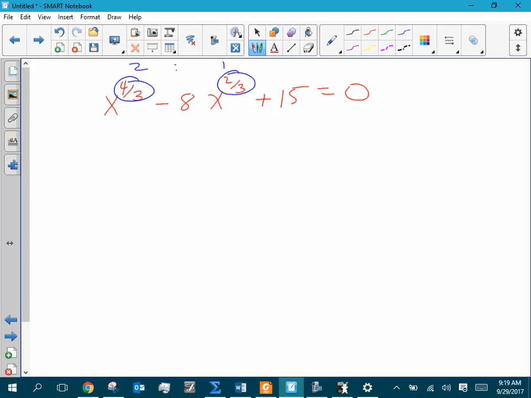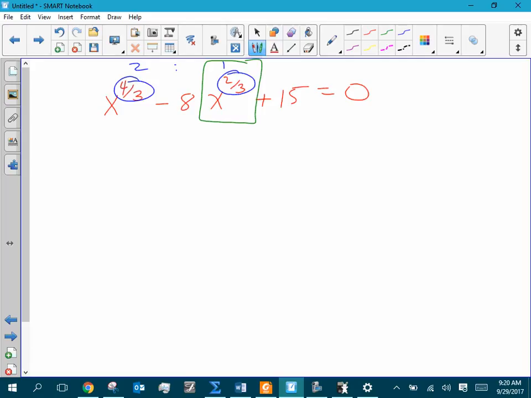When we solve this equation, that 4/3 and that 2/3 scares a lot of people. But if you recognize that they're in a 2-to-1 relationship, we can make this problem a little bit easier. If they're in a 2-to-1 relationship, all you have to do is bring in an arbitrary variable. I use U a lot. I think WebAssign was using like a capital W or something like that.